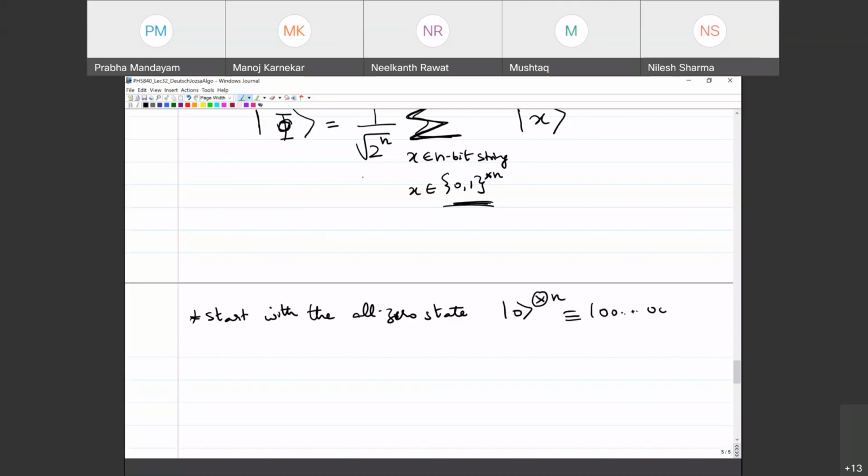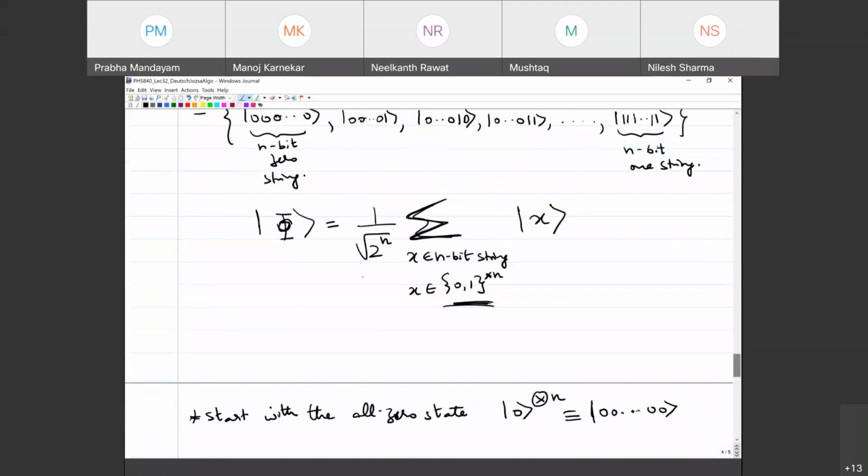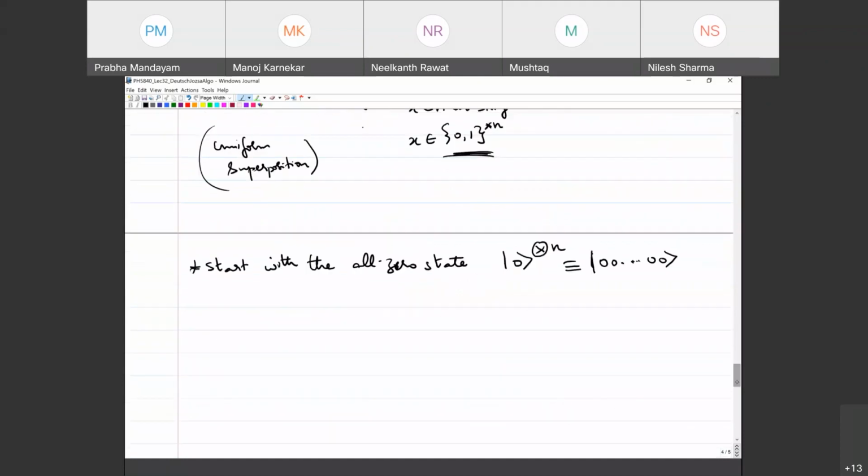Okay, how do I get to this? So this is clearly the uniform superposition state, right? So how do I go from this to that? It's just an extension of the single qubit case, right? N-bit Hadamard. Exactly.